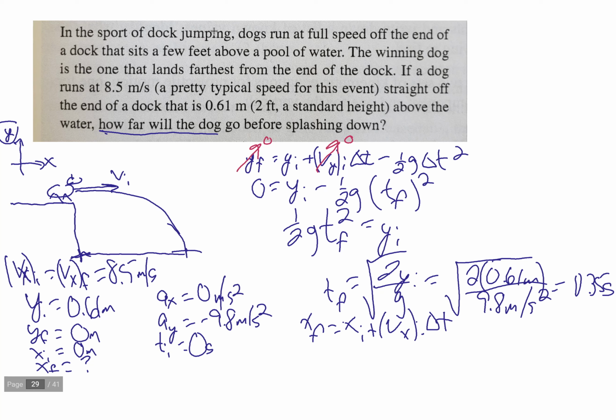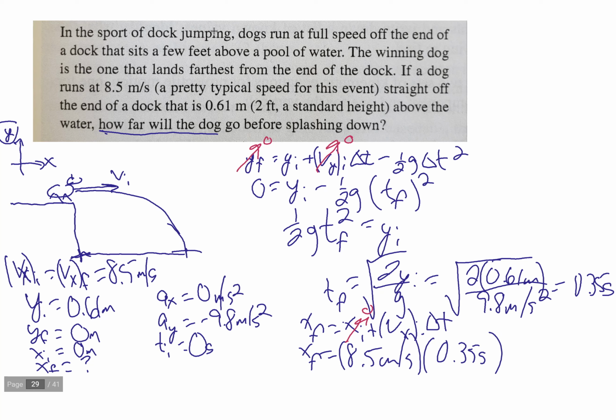Okay, so we know that x sub i is 0. And now we have x sub f equals just the v sub x initial, but that's known, and it is 8.5 meters per second times the delta t that we just found, which was 0.35 seconds.